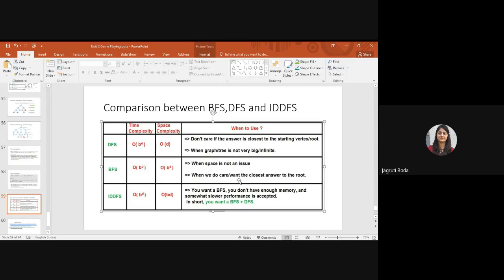When we want the closest answer to the root, we use BFS. When we use IDDFS: you want BFS, you don't have enough memory, and somewhat slower performance is accepted, then you use BFS plus DFS, that is your IDDFS.